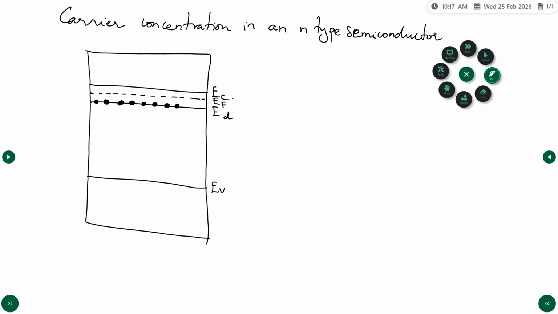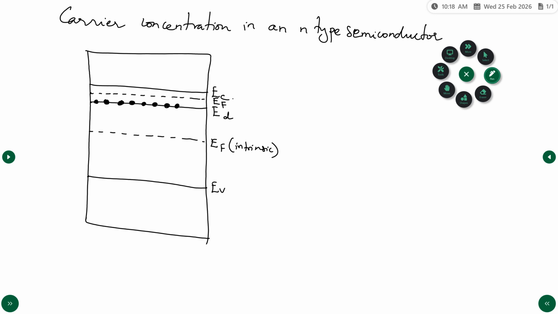And this is the reference Fermi energy level for the intrinsic semiconductor. That is situated exactly in between the valence band and conduction band. ரெண்டுக்கு இடையில கரெக்டாக இருக்கும்.